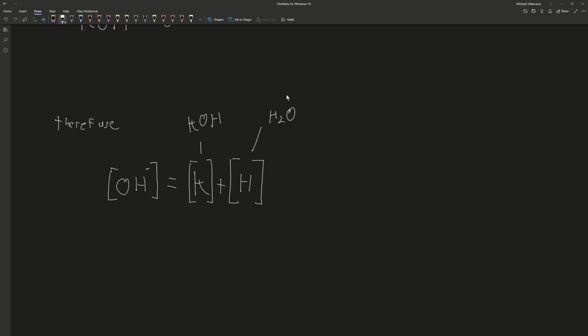Each of these is losing an OH. When H2O loses an OH, it becomes H, and when KOH loses an OH, it becomes K. So if we know the concentration of K and the concentration of H, we know the concentration of OH. And if we know the concentration of OH, we know the concentration of H in solution, and therefore the pH.